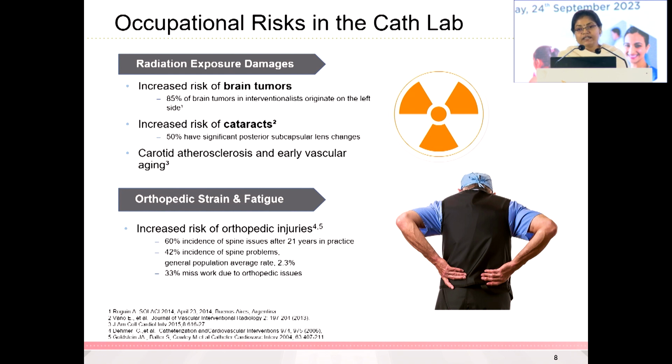And early vascular aging is also seen. Apart from this, there are also orthopedic damages, like an increased risk of orthopedic injuries. So in order to combat this, robotic PCI is very helpful. And we all know that interventionalists have a professional lifetime risk of 0.4 to 1.5% increased chances of developing carcinomas when compared to the general population.